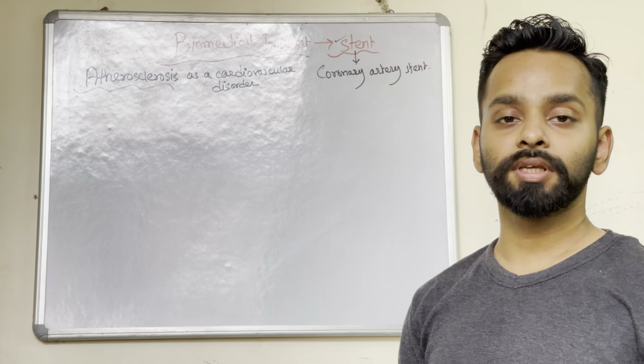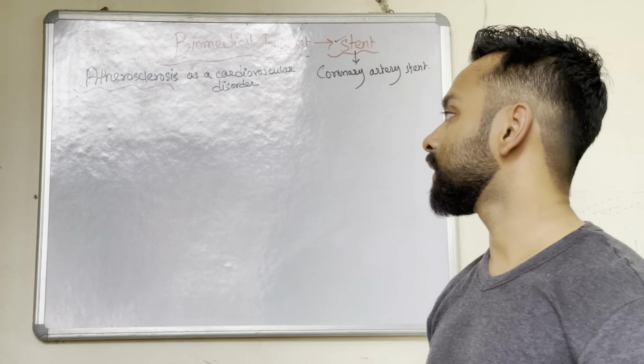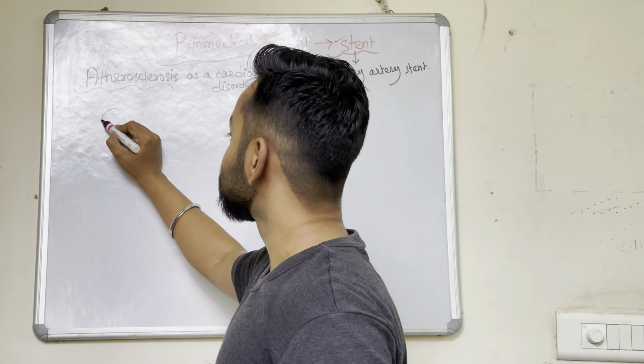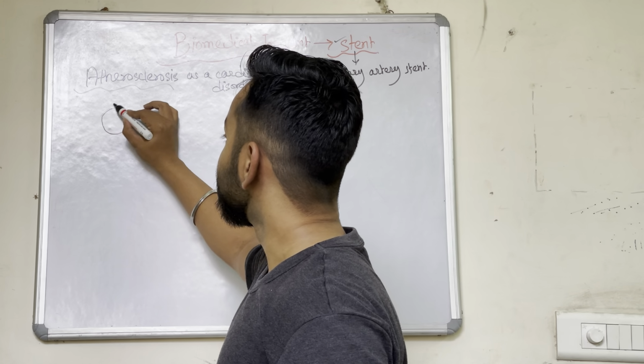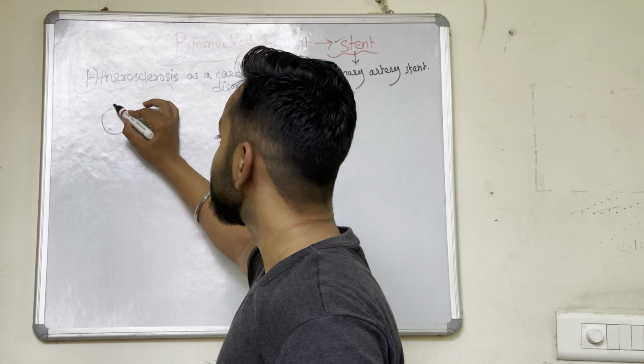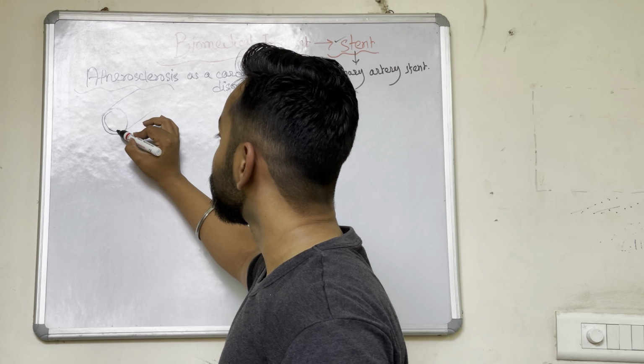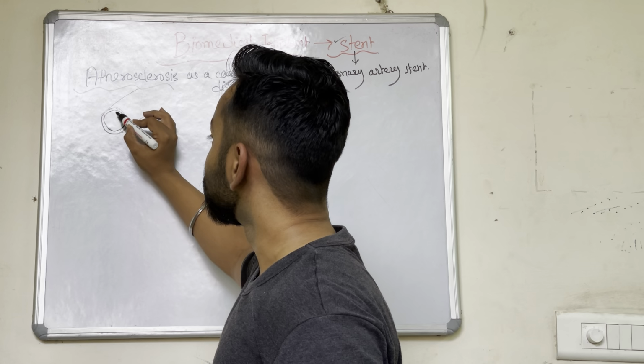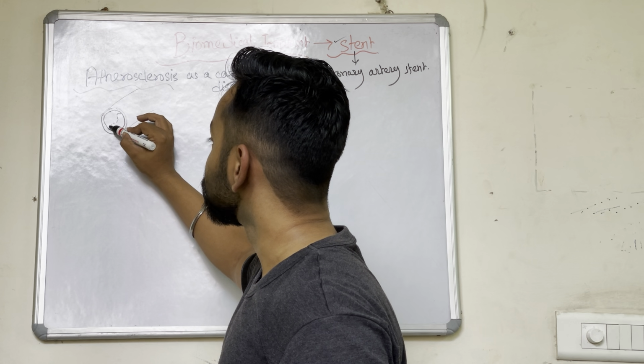So, atherosclerosis is a disease wherein an artery or a blood vessel is occluded by the deposition of fatty deposits in the inner wall of the blood vessel, which is known as an atherosclerotic plaque.